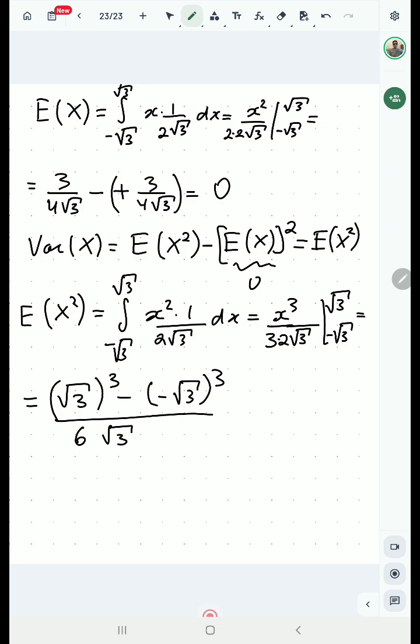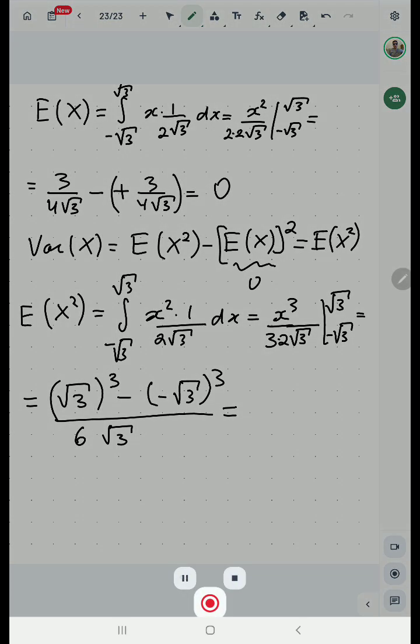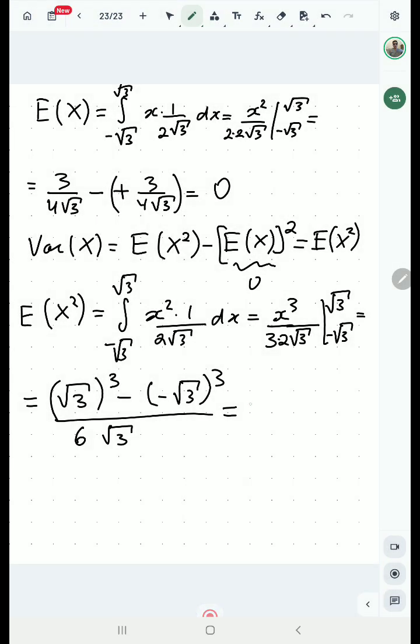As a result, we can rewrite it as 2 times square root of 3 to the power 3 over 6 times square root of 3, and that gives you 1 over 3 times 3, isn't it?